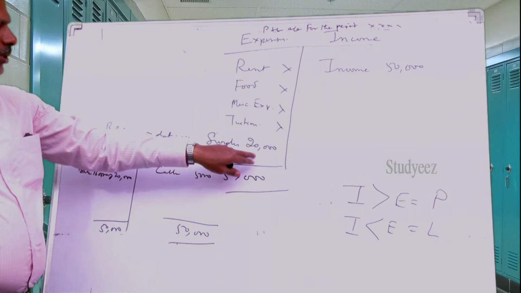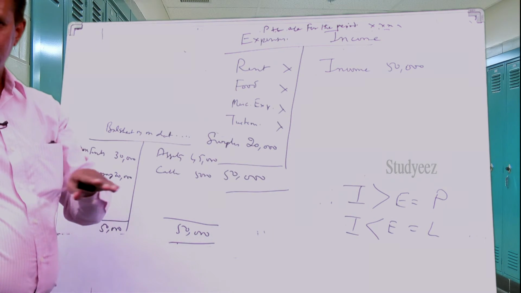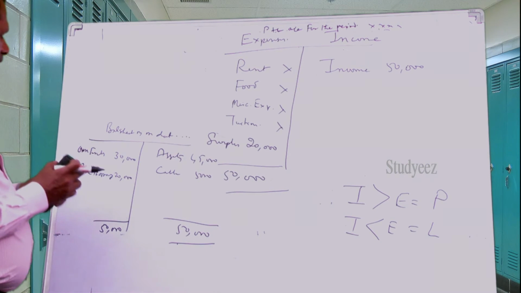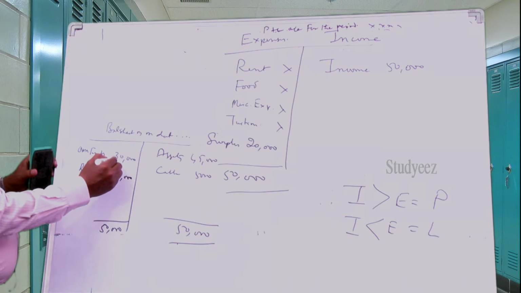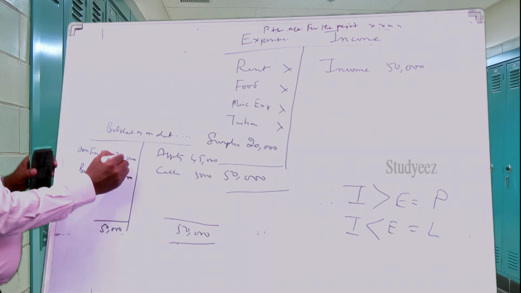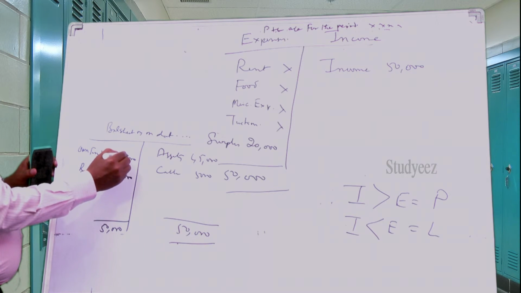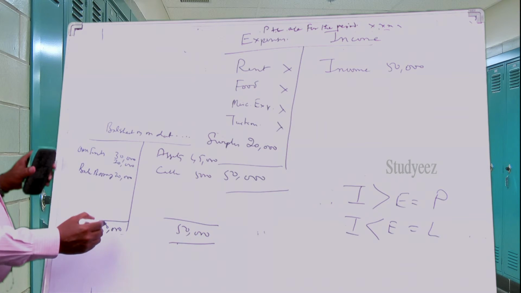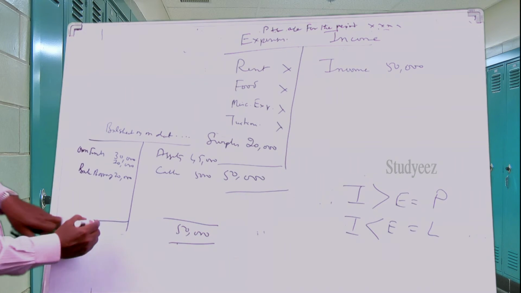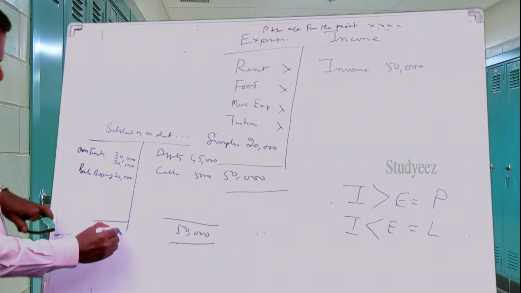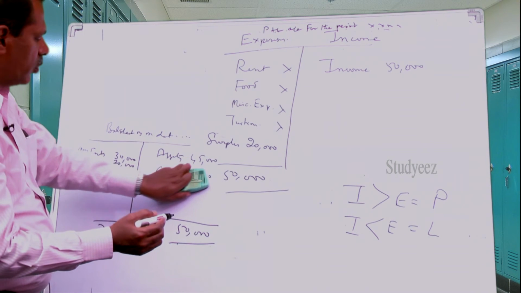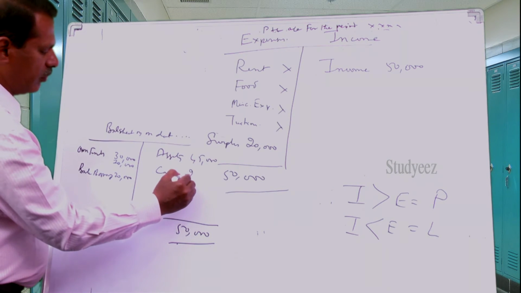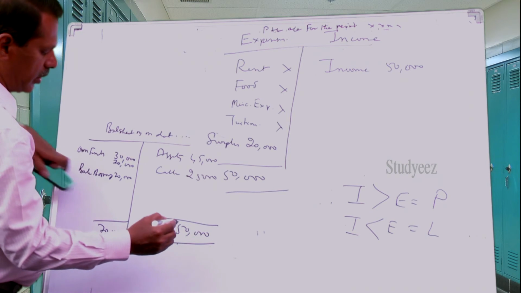Because you made a surplus of 20,000 and this business belongs to you, this 20,000 should be added to your own funds. So that means now your own funds is going to be 50,000, previous opening balance was 30,000, now added 20,000. So therefore your total funds is going to be 70,000. Okay, and here your cash also is going to increase from 5,000 to 25,000.